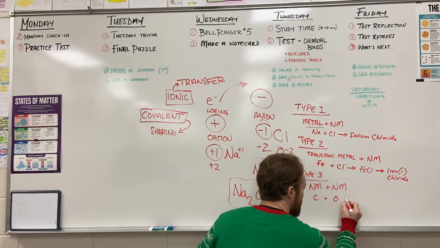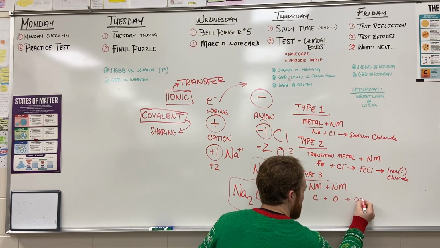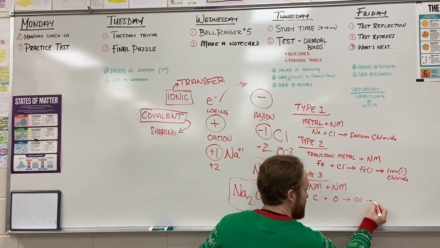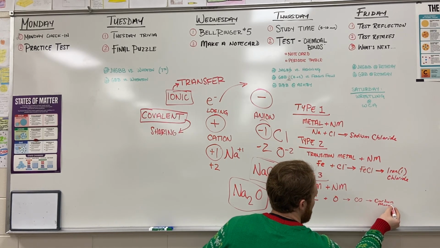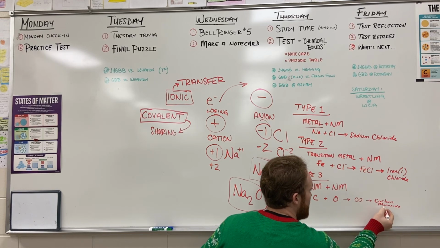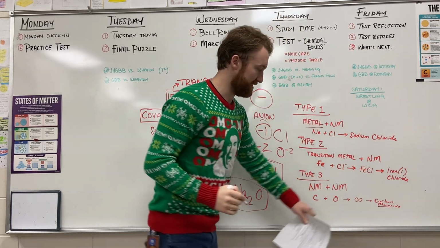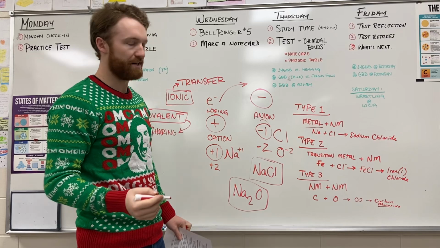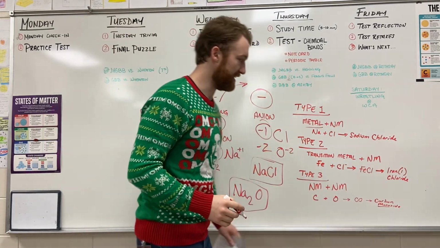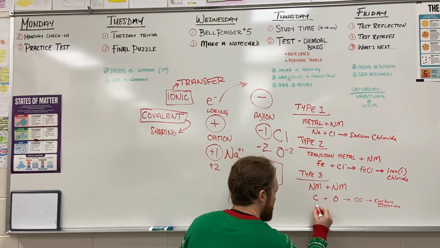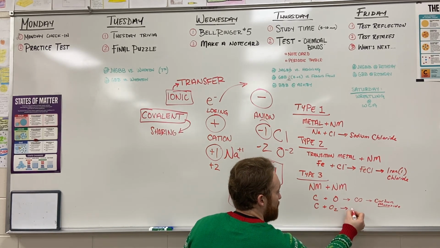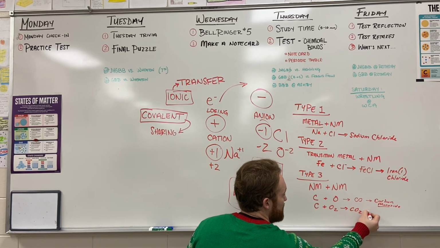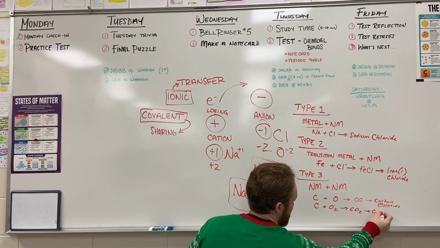If we have just 1 carbon and 1 oxygen, it would form CO, which we would call carbon monoxide. And the prefix mono is because there's only 1 oxygen there. Now, if we had carbon plus 2 oxygens forming CO2, that is called carbon dioxide.